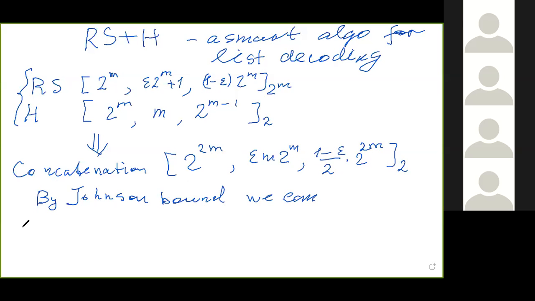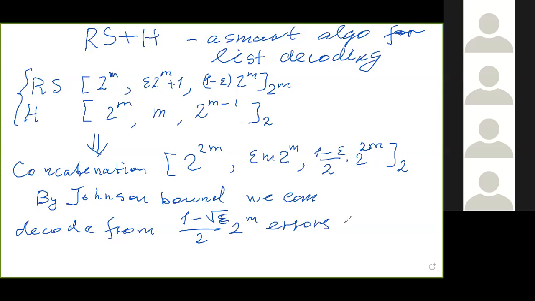We can decode from 1 minus square root of epsilon times 2 to the m errors with list size two times 2 to the m.